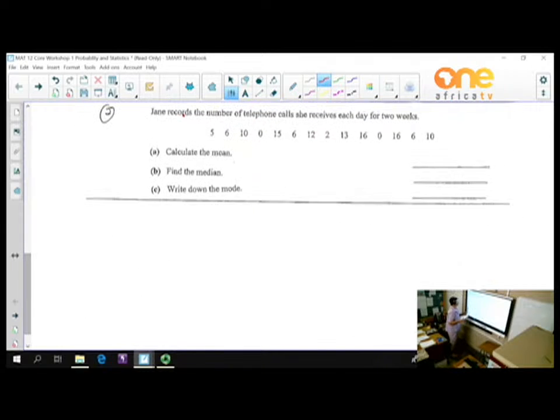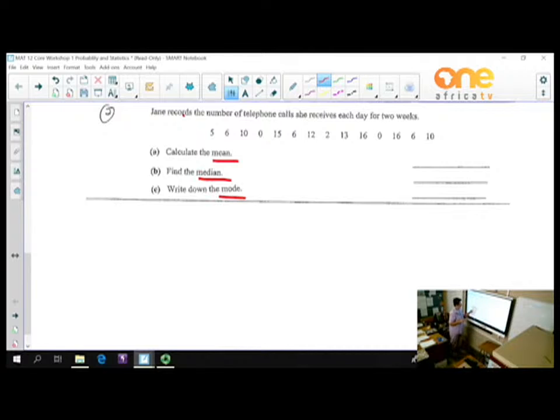Question 2. Jane records the number of telephone calls she receives each day for 2 weeks. So we've got 14 calls there. Calculate the mean. Now what is the mean? We have to know the difference between mean, median, and mode.